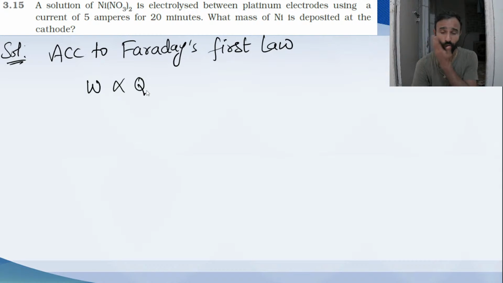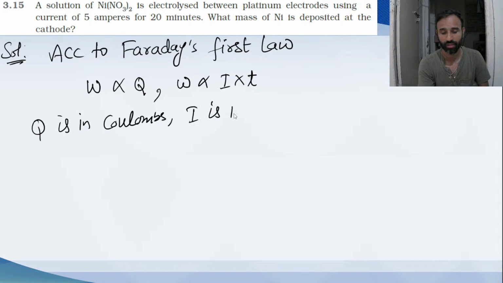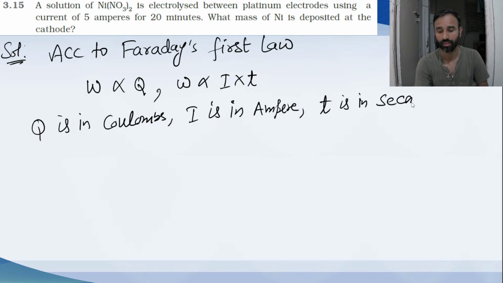Quantity of charge is I into T. Q is in coulombs, I is in ampere and T is in seconds. Okay.